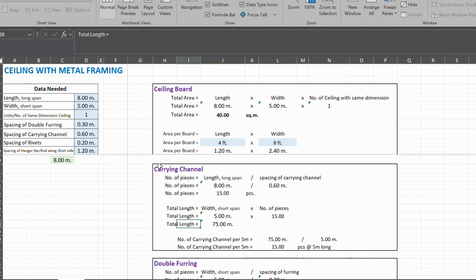That is the total length of the carrying channel. Then the number of carrying channels per 5 meters, because the commercial length is 5 meters. Sometimes they have 6, so just check the commercial length available in your area.